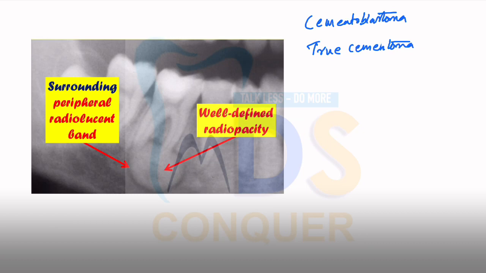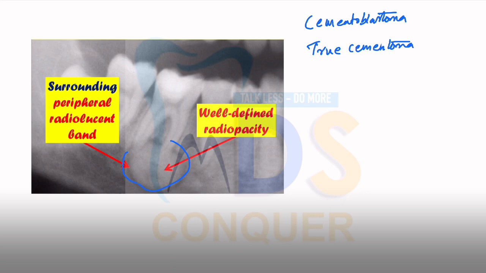You can see cementum-like material, a similar type of radiographic features, but it is not well defined. It is more irregular.